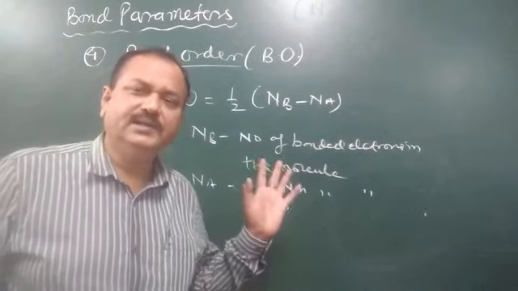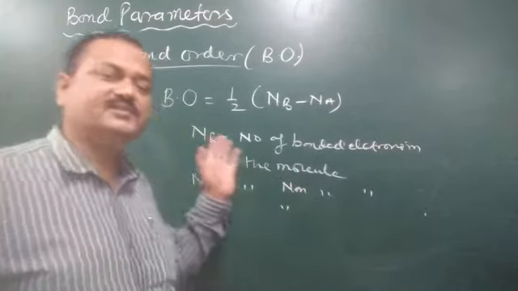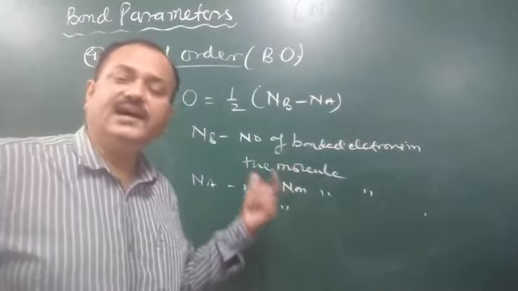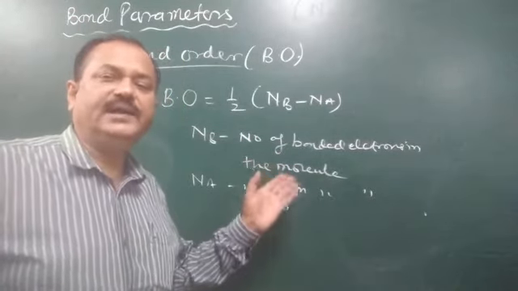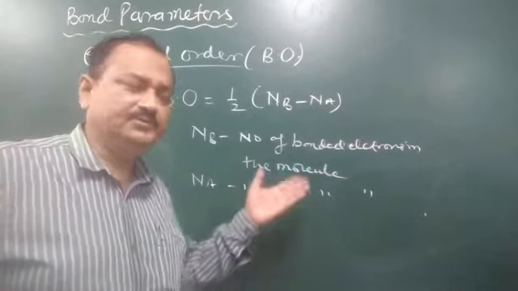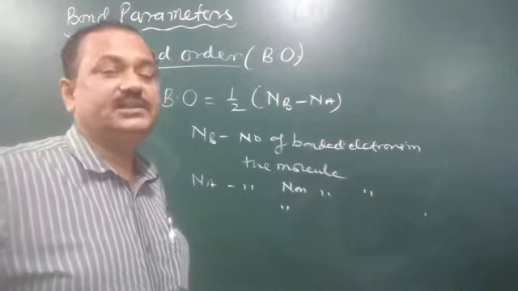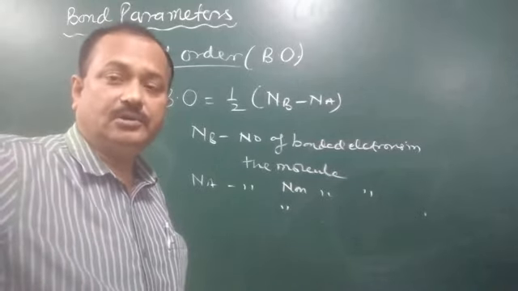It is simply a mathematical quantity, so it is defined as half of the difference between bonded and non-bonded electrons. So this is the basic introduction about bond order.